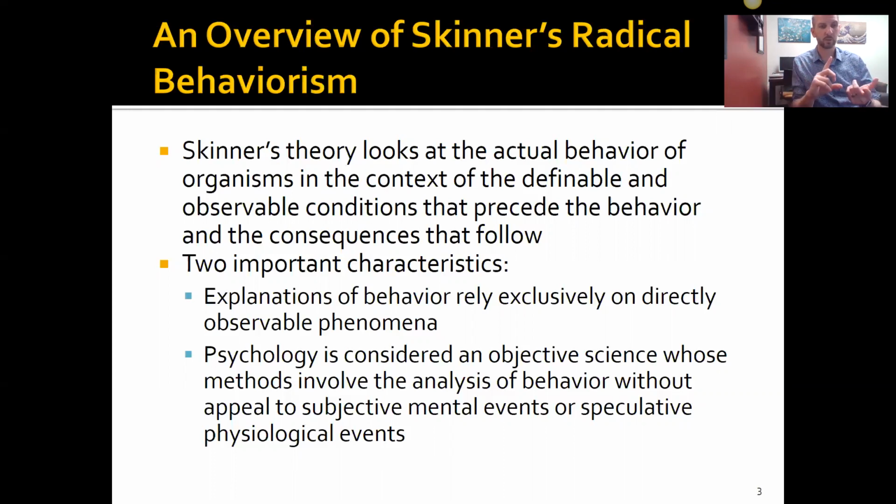So we're not going to talk about choices or decisions or needs, things like that. Instead, we're going to focus on just what we can see in the environment around the person and the behavior itself.